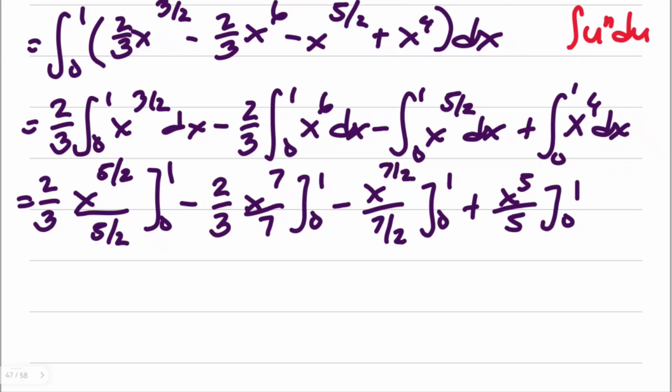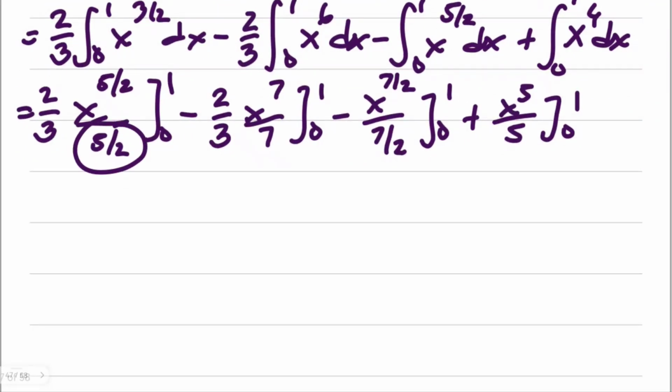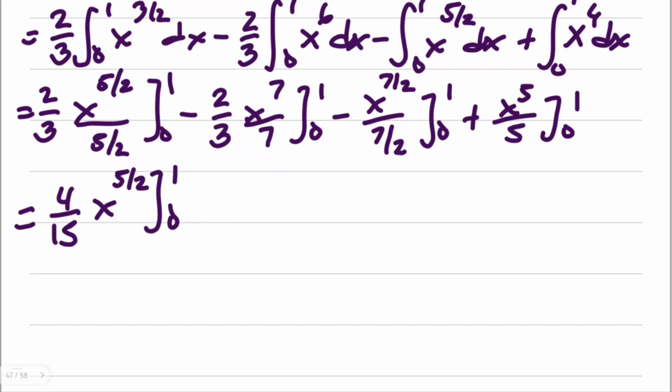Before we substitute the boundaries, allow me to simplify these nested rational expressions. So 2/3, reciprocate that, 2/5. So 2/3 times 2/5 is 4 over 15. X to the power of 5/2 still is 0 to 1. I haven't applied here the boundary, just simply simplifying the nested rational expressions.